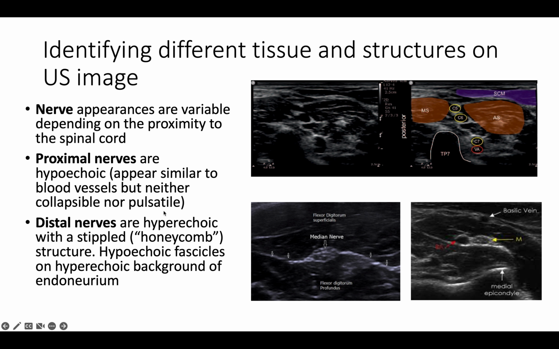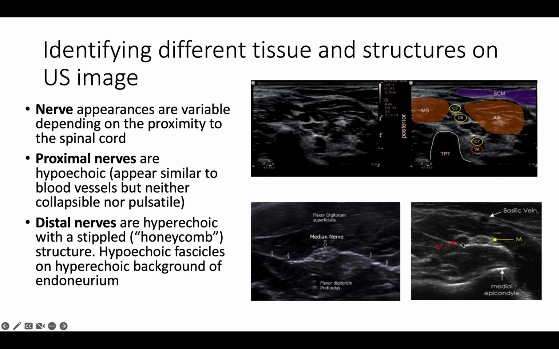As nerves go further away from the nerve axis, we see more and more of the so-called honeycombing appearance. Some people call it chocolate cookies, a stippled structure. The hypoechoic black dots represent fascicles, and the hyperechoic part is the endoneurium, the nerve stroma.